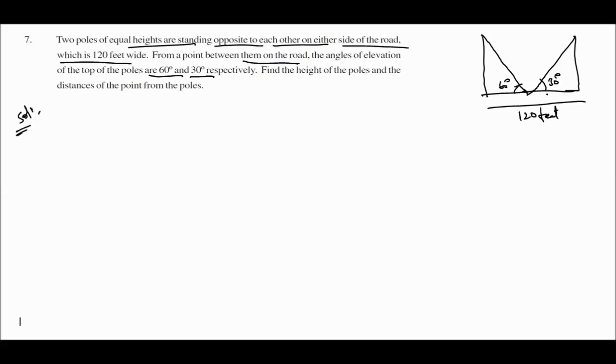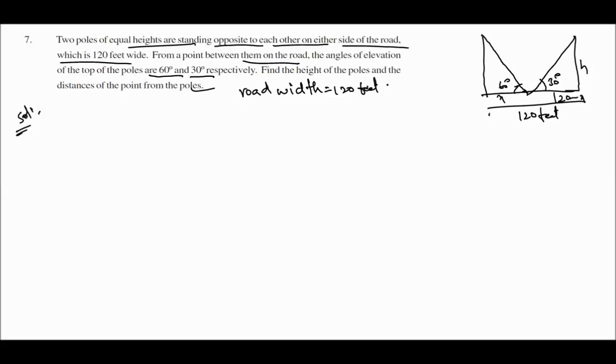So here this one is x, and this is 120 minus x. We need to find the height of the poles and the distance of the point from the poles. We have x, and we have to find the height. The road width is equal to 120 feet.